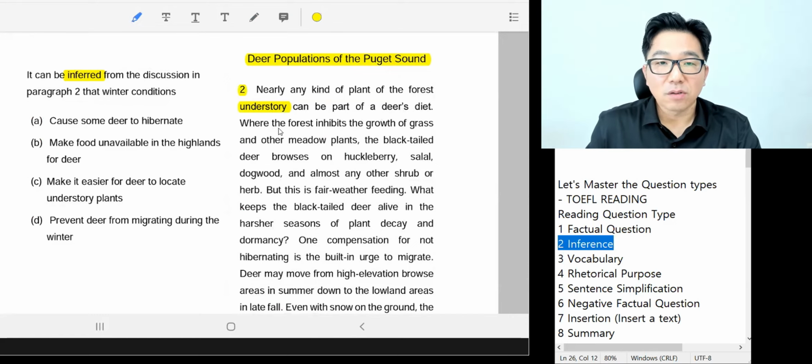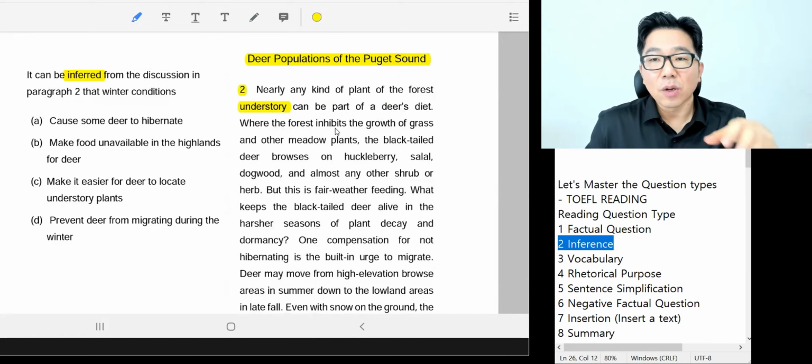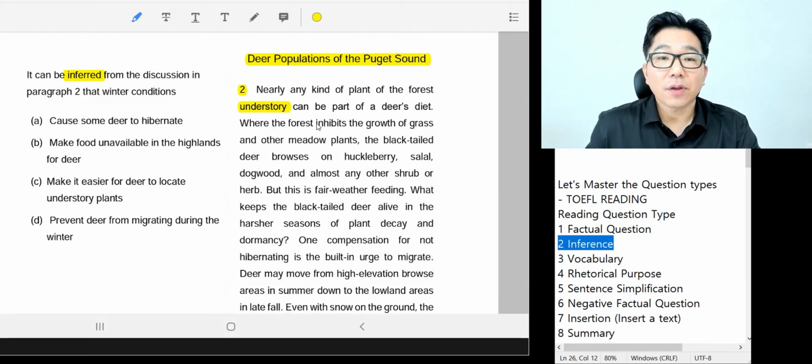Okay, where the forest inhibits the growth of grass and other meadow plants. Okay, so where the forest inhibits, so stops or prevents the growth. So this should be a part of your TOEFL vocabulary. Inhibits growth of grass and other meadow plants. What else is there for the deer?